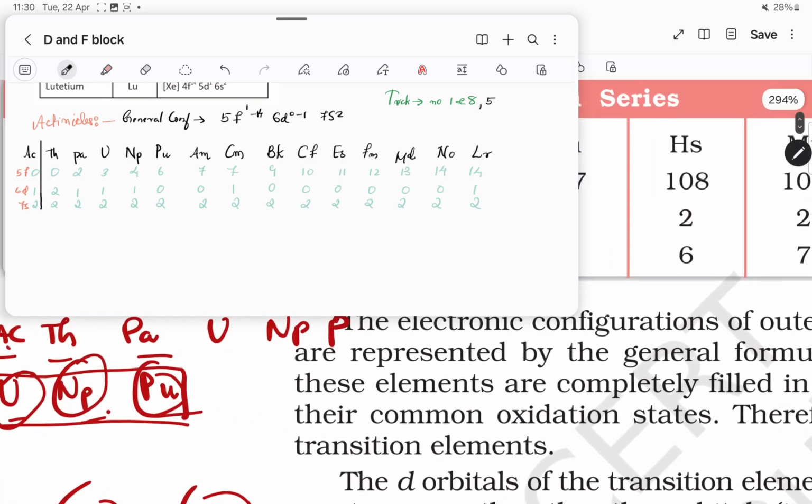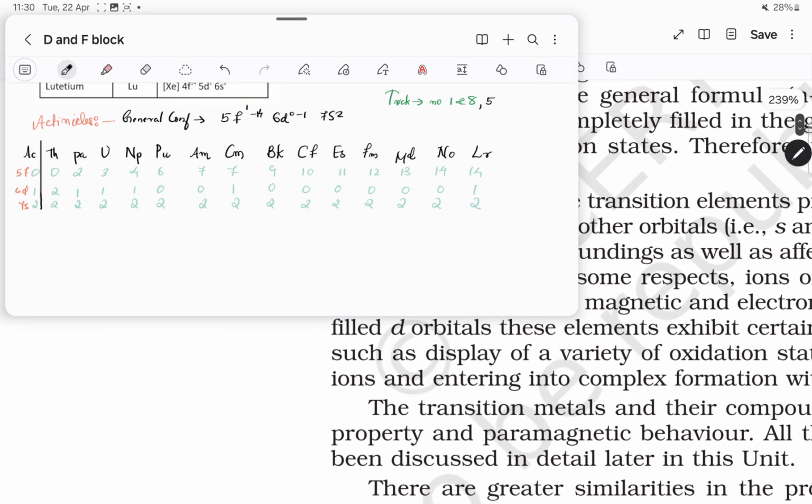Now, just another trick for AM. This one: AM, CM, BK, and CF, like this. Another up to plutonium, like up to Pluto means up to PU it is done, right? Now from AM, American, not president. Okay, not American president. American, we make Barack for some time as CM.